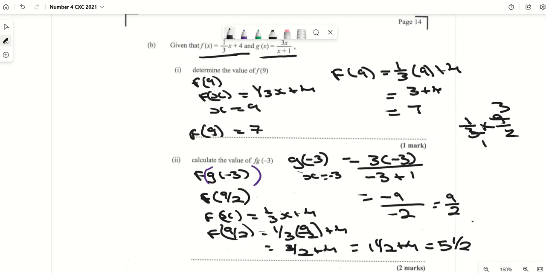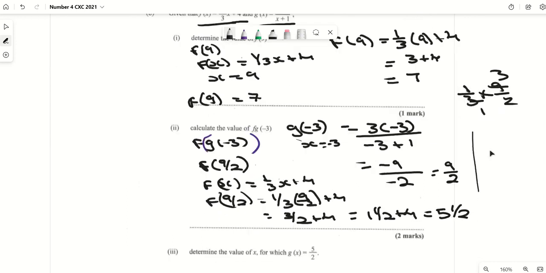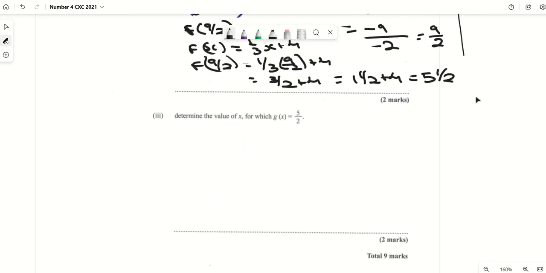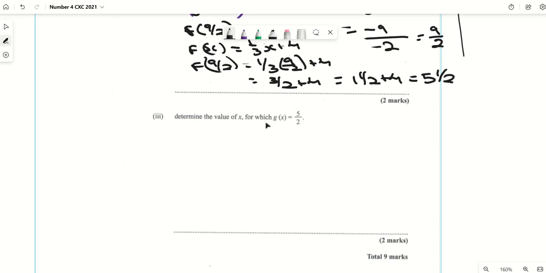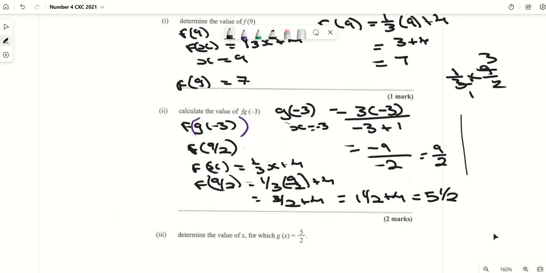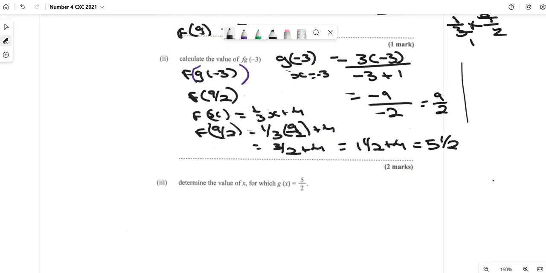Go on to the last question in this here. They told you, determine the value of x when g of x is 5 over 2. So they're telling you that g of x is equal to 5 over 2. What is the equation for g of x?